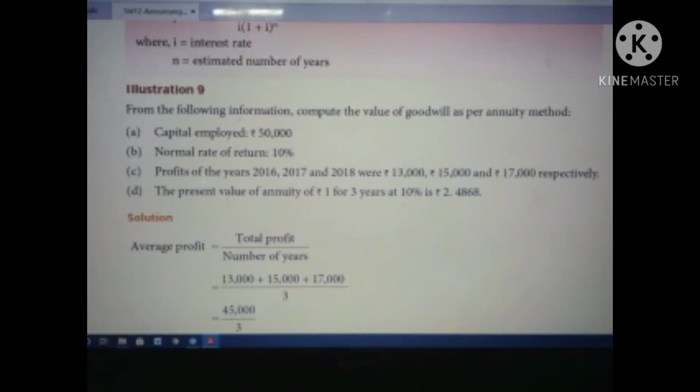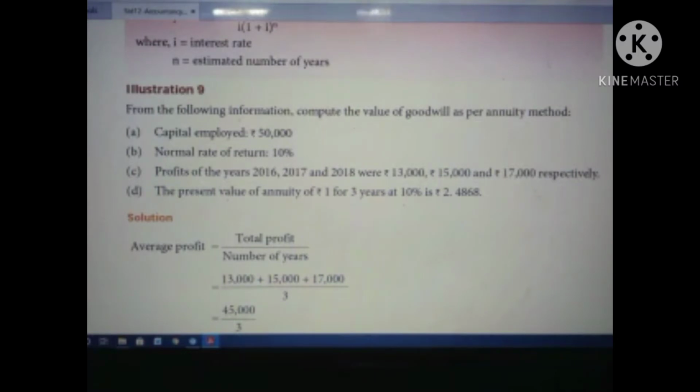Profits of the years 2016, 17, 18, three years' profit, are given: 13,000, 15,000, 17,000 respectively. The present value of annuity of rupees 1 for 3 years at 10% discount is 2.4868. This is the value they have given.